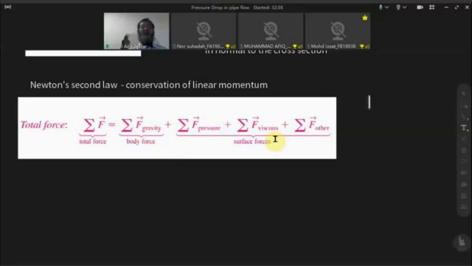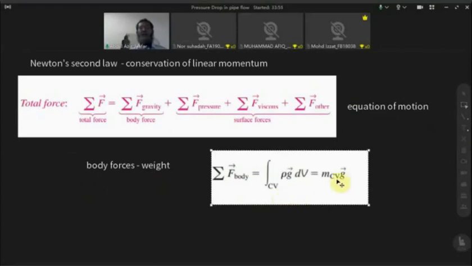And this net force is part of what we call the equation of motion, right? It can be called the linear momentum equation. It can also be called the force, mass, acceleration relationship, as what we learned in dynamics.